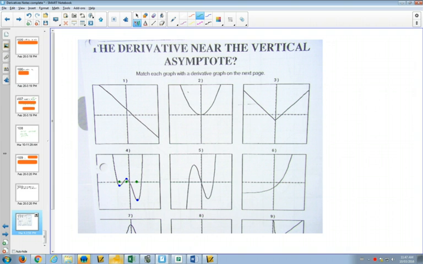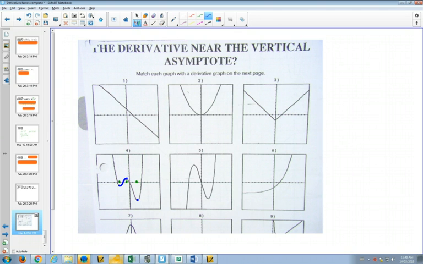Now we're going to look in between those x-intercepts of my derivative graph. So in between the first minimum here and the second maximum, if I looked at just this section, I'll draw it in blue here, if I drew any tangent on that section, does it make sense that any tangent in that section is going to have a positive slope?